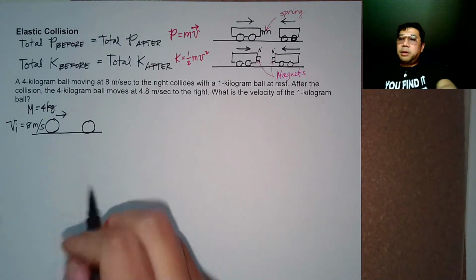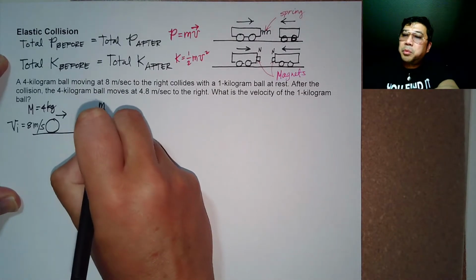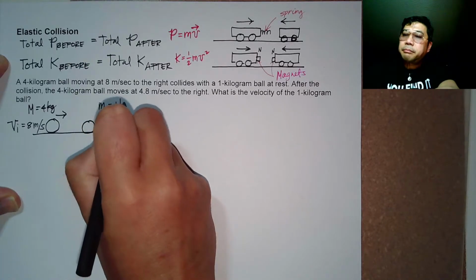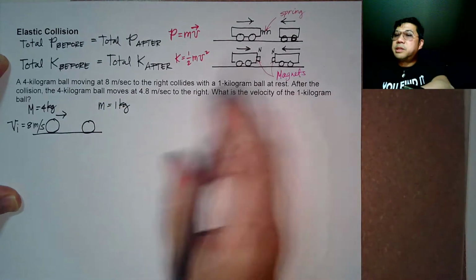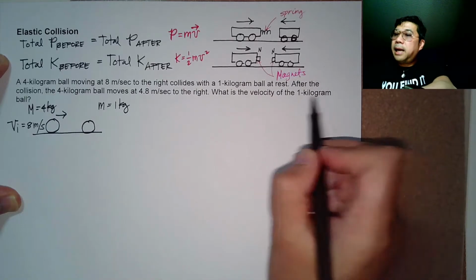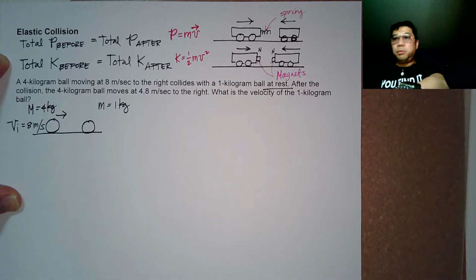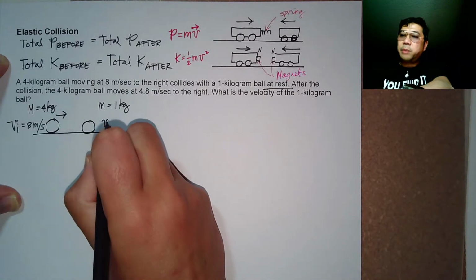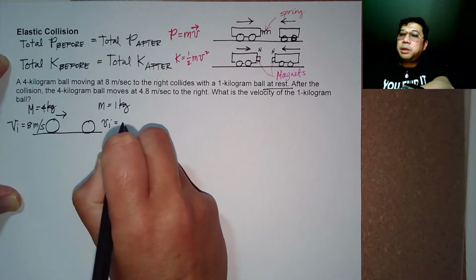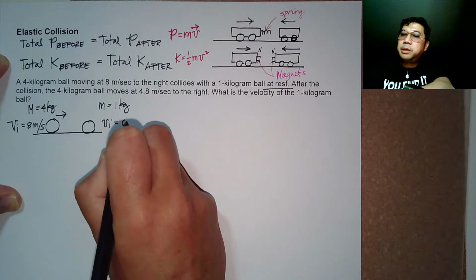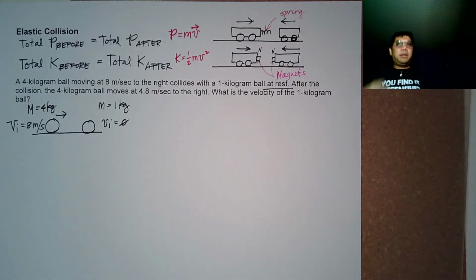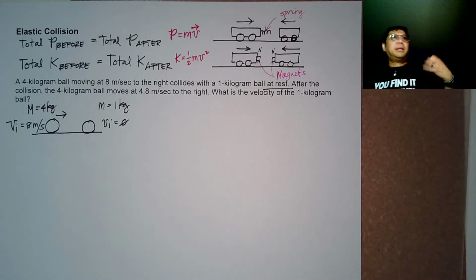Now the second object, which is 1 kilogram, is not moving because it says at rest. At rest means it's not moving, so its initial velocity is 0. And if there's no velocity, there is no momentum, and there's also 0 kinetic energy.